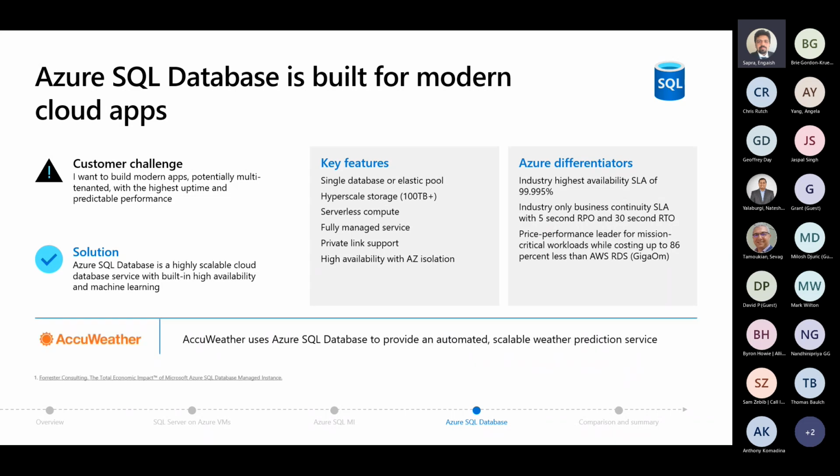From a case study or a customer standpoint, AccuWeather is one of the leading examples. They use SQL Database to provide an automated, scalable weather prediction service. So we are not just talking about the scalability and high performance of the database, but while using Azure SQL, they have realized the benefit of running that service as a cloud native service.